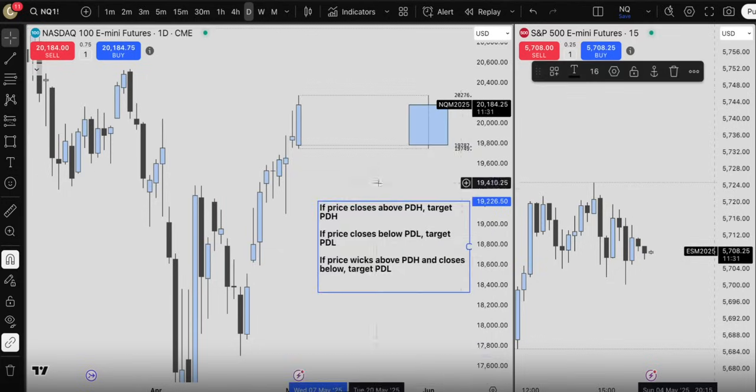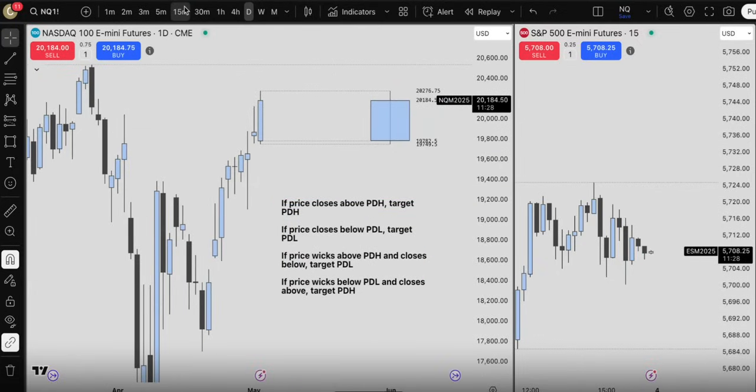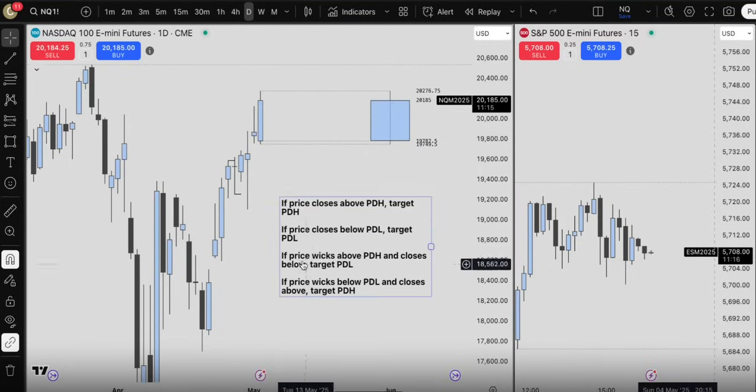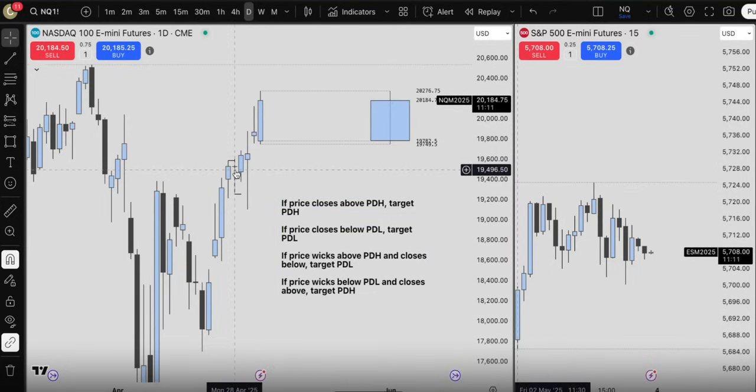So right here on the daily time frame, on Monday we wick above previous day high and close below. So this would be my draw, because like I said, price wicks above previous day high and closes below, target previous day low.